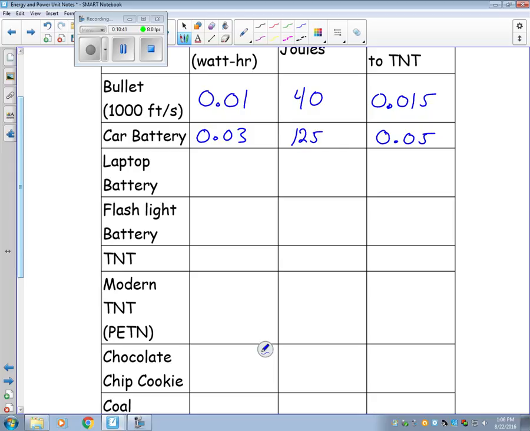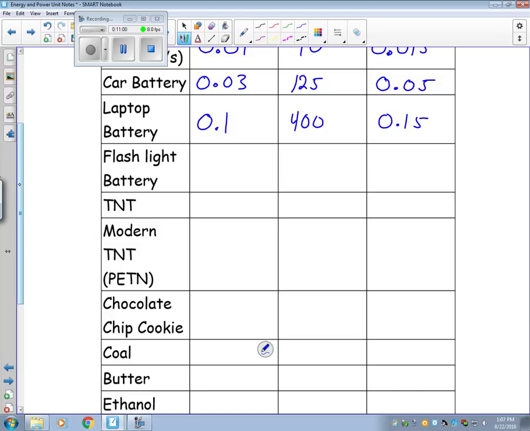A laptop battery, these are a little more powerful. They're lithium-ion batteries. 0.1 calorie if I had 1 gram of a laptop battery. 400 joules, 0.15 of a gram of dynamite. A flashlight battery, this is an alkaline battery. In fact, let me go and put this.